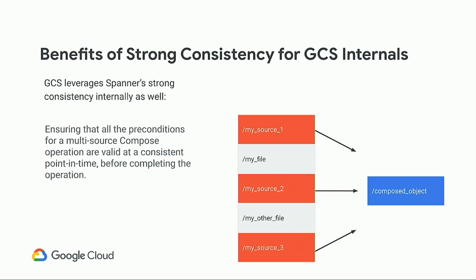So clearly, here's a case where strong consistency is going to be really important. We're going to want to read the metadata for all of these objects out of Spanner and evaluate these preconditions, and then if the preconditions evaluate, commit a mutation. If we don't have strong consistency guarantees from our database, it's a lot harder to implement that operation.